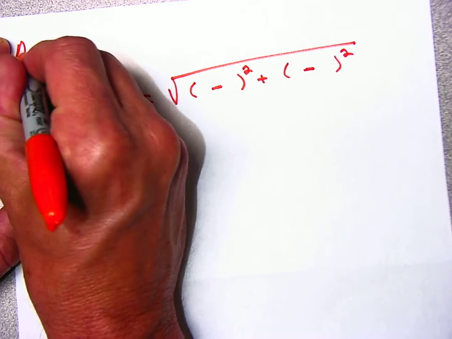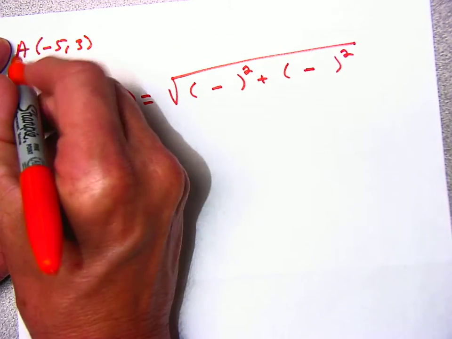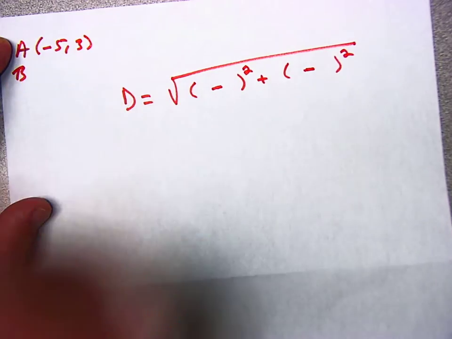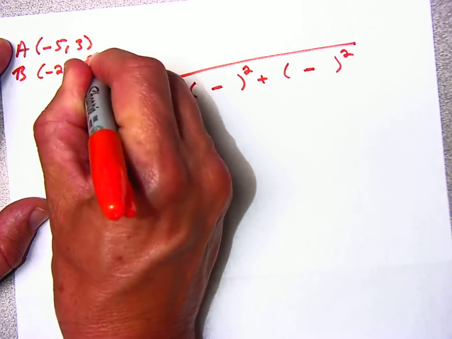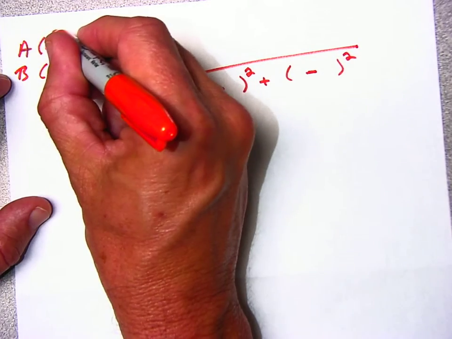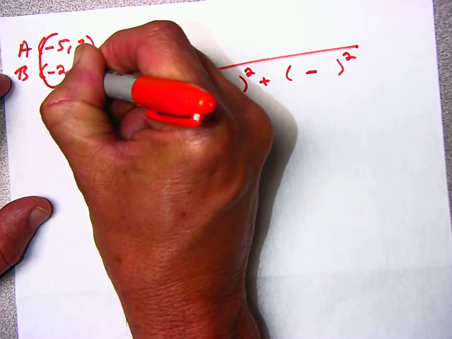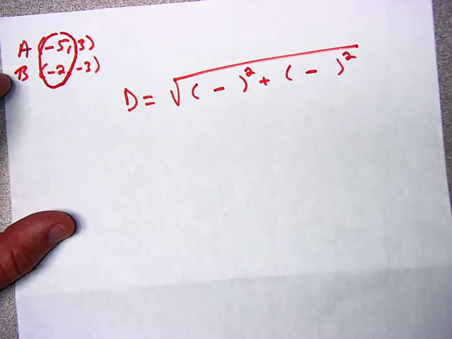Then I'll bring back those ordered pairs. A was -5, comma 3, and B was -2, -3. If you look at the formula again, you're going to grab the x's, so let's circle those x's.